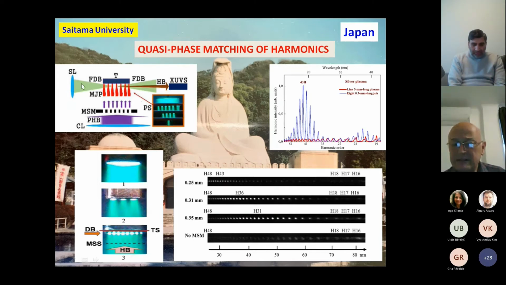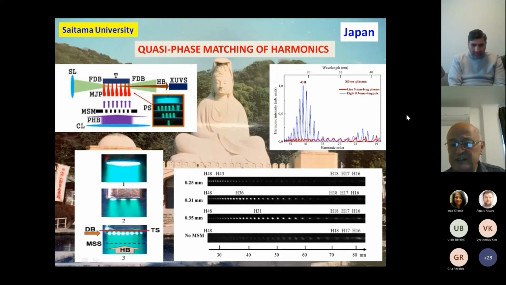And once this femtosecond beam propagates through these jets, a group of harmonics appears which is significantly stronger than the harmonics observed in the case of an unperforated extended plasma. It is the so-called quasi-phase matching effect, when for high order harmonics you can create optimal conditions for generation.